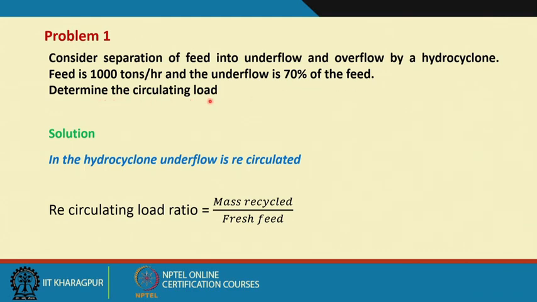Determine the circulating load. Now, in the hydrocyclone the underflow is recirculated. So the recirculating load ratio is the mass recycled divided by the fresh feed.